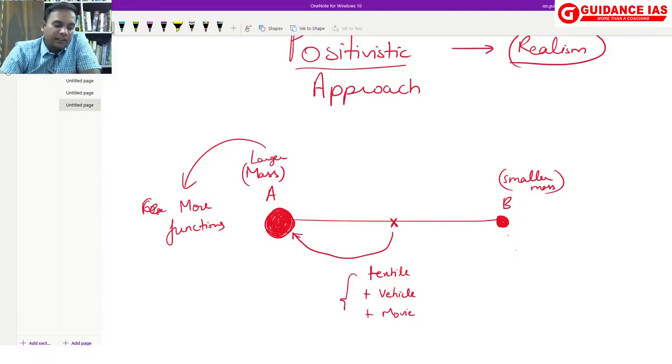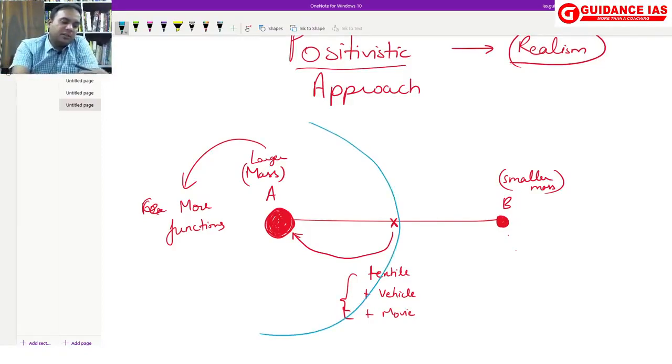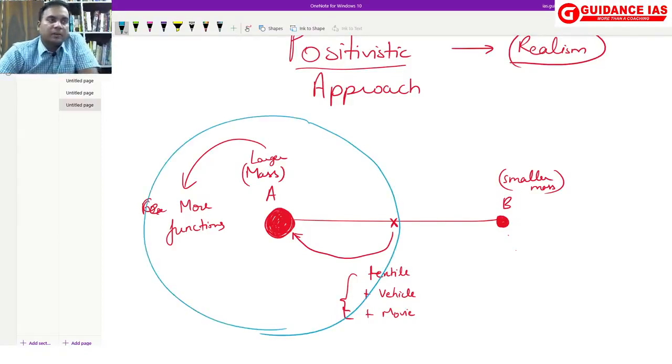So economic advantage is greater where? Going to A or B? Tell me. Where is more economic advantage? Going to A. So ultimately, this idea would evolve that this part X is essentially falling under the sphere of influence of A. Okay?